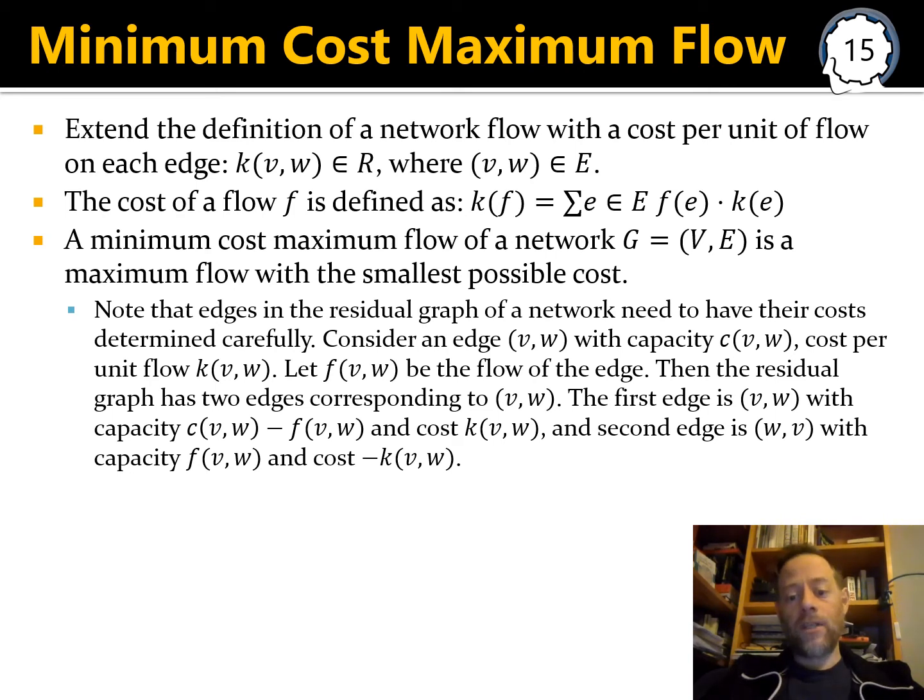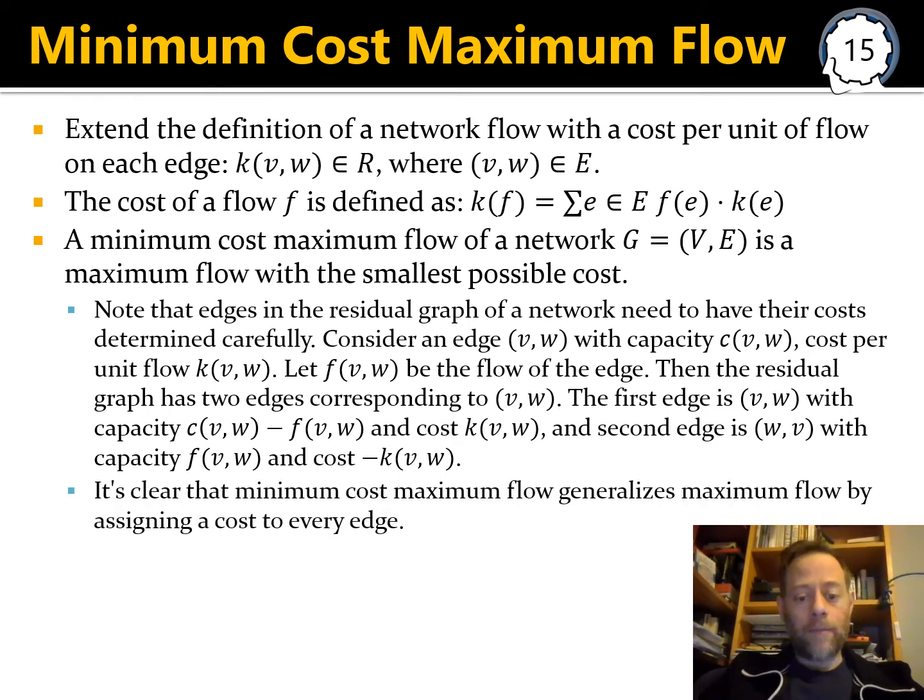The first edge, VW, has the capacity that we can still use, with the cost K, and the second edge has a negative cost. So the back edge will have a negative cost because we're reducing the flow, and therefore we're also reducing the cost. So you need to keep this in mind.